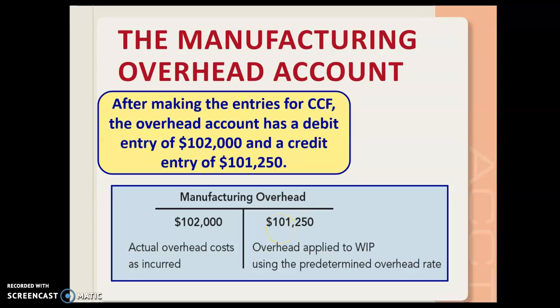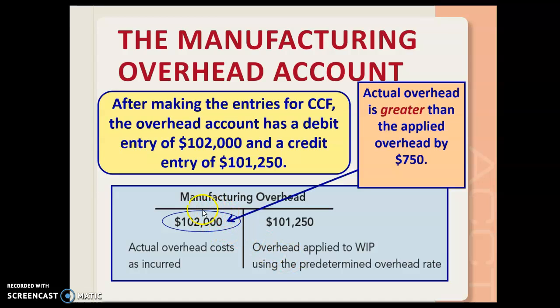And so our credit side ended up being 101,250. Okay, so now this is not too big of a difference between 102,000 and 101,250 for an entire year. That's not too big of a difference. So we can put that difference to cost of goods sold.